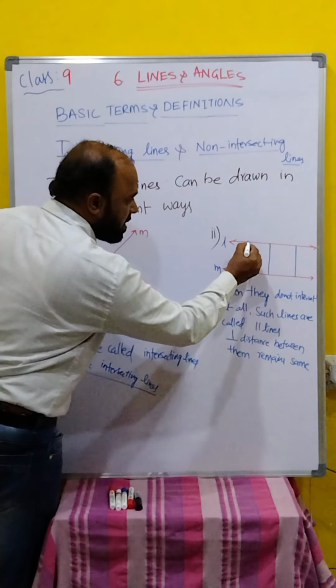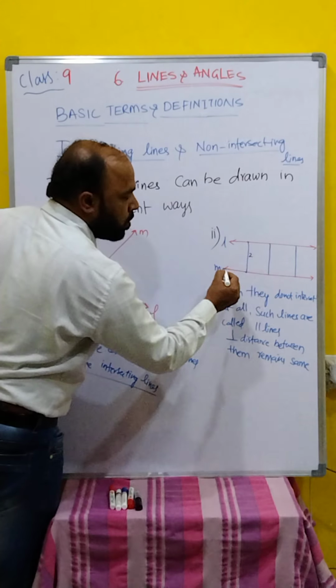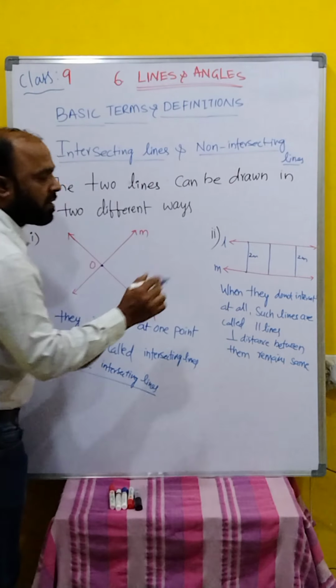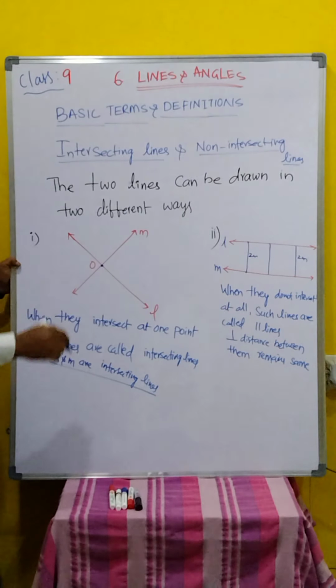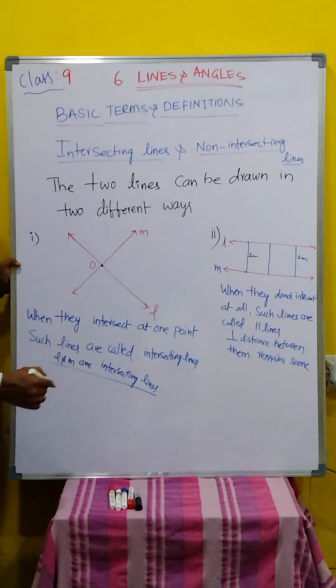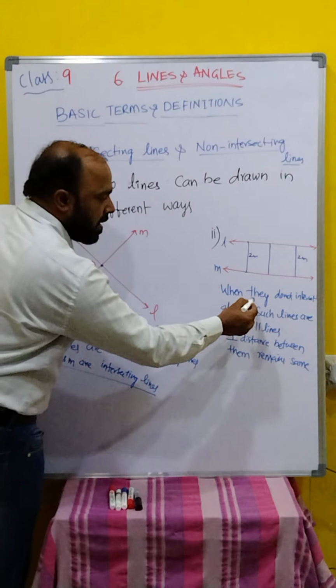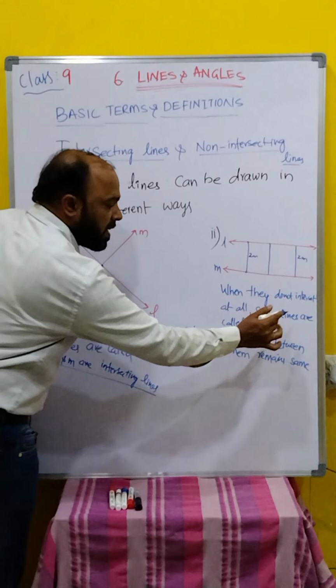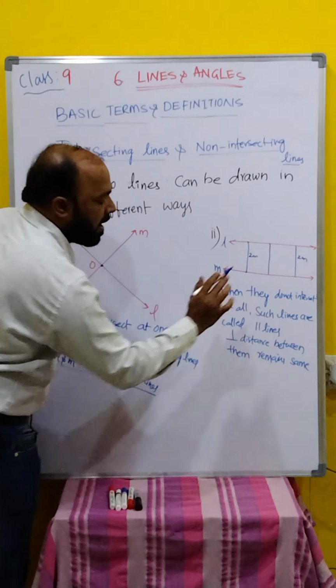Suppose this distance is 2 meters, then here also it should be 2 meters. Such lines are called parallel lines.